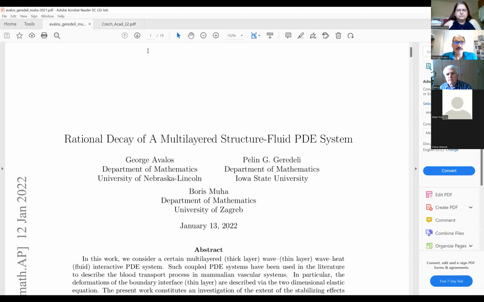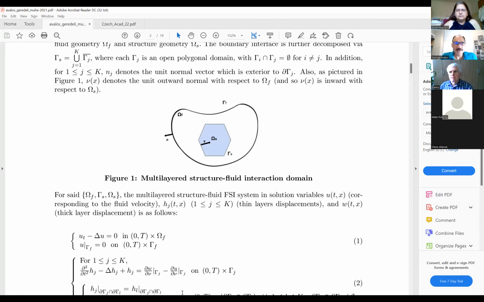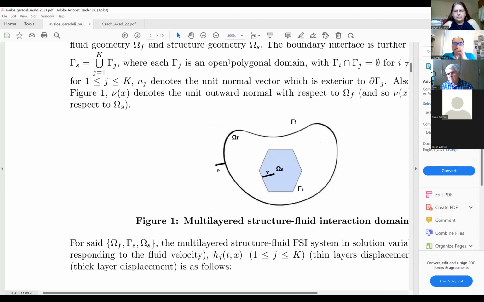is this geometry. Consider this cross section of a 3D body here. Omega sub f is a fluid-filled chamber. It encapsulates this structural component, omega sub s.